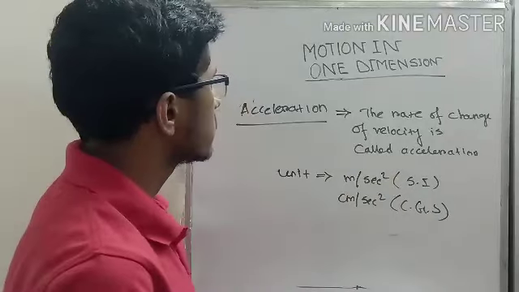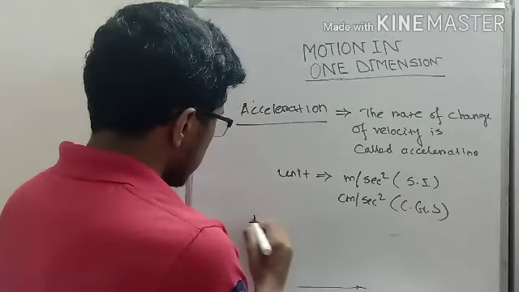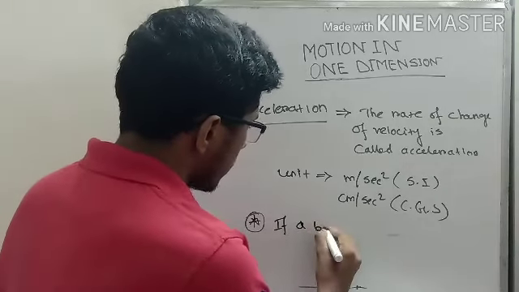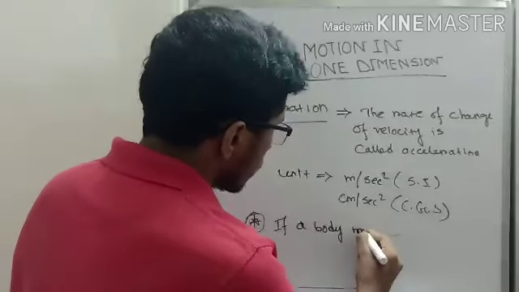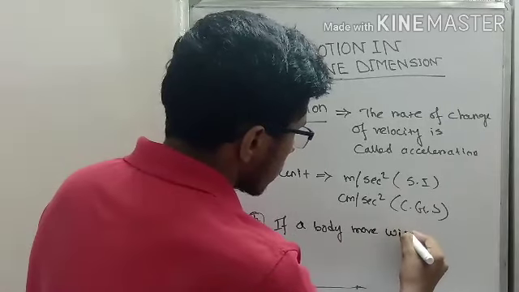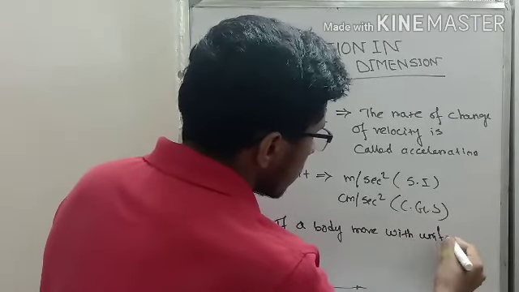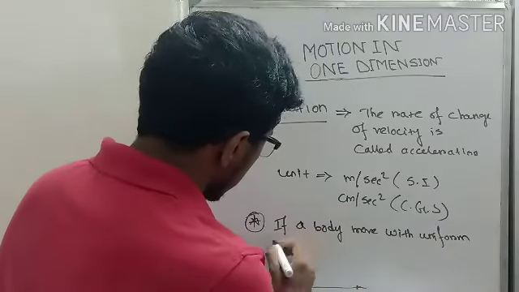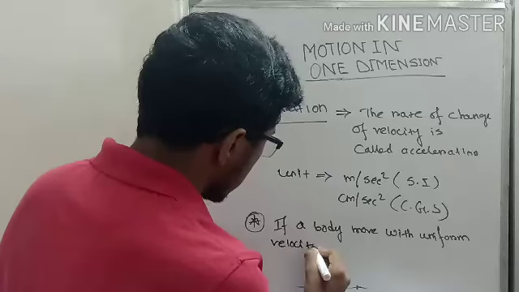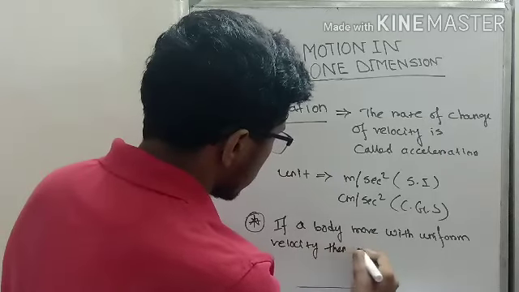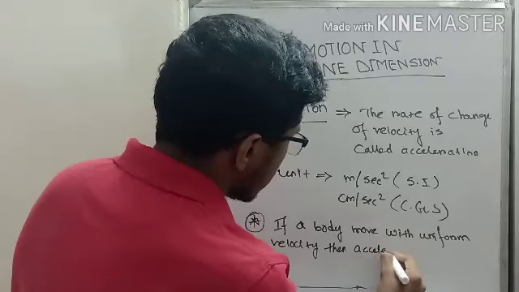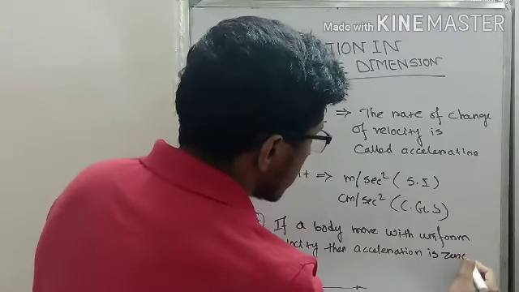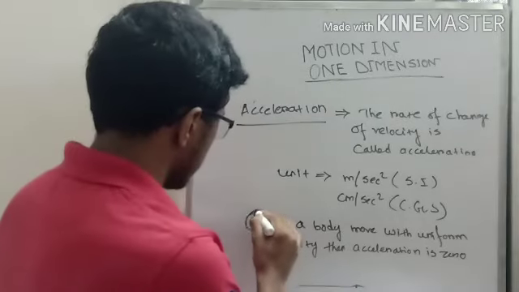And the note is: if a body moves with uniform velocity, then acceleration is 0. This is very important.